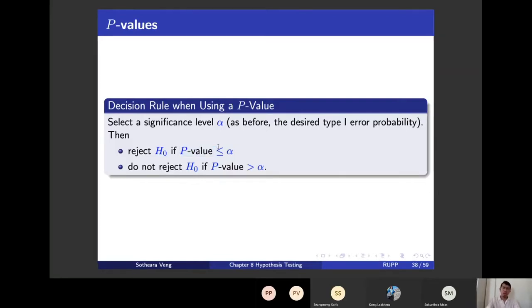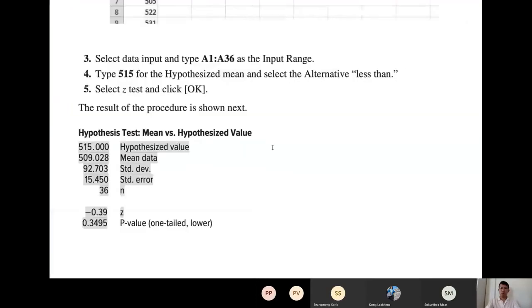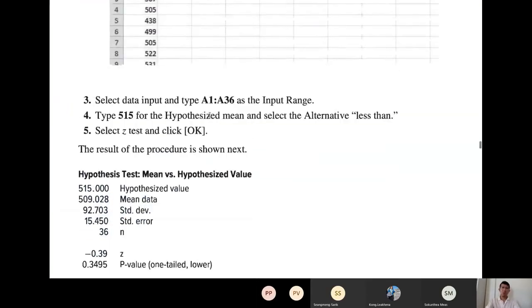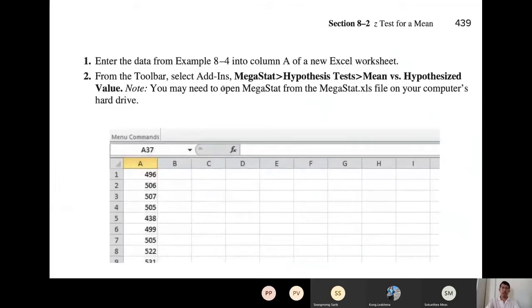We need the p-value because mostly statistical software will print out the p-value. For example, here we run it in Excel. As I said, Microsoft Excel does not provide you the statistical tool for hypothesis testing of a single sample.